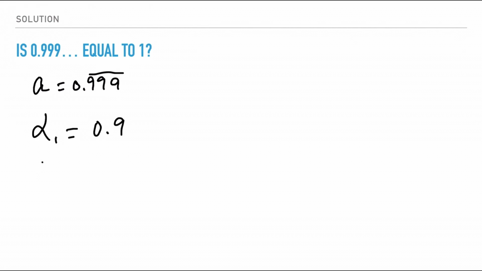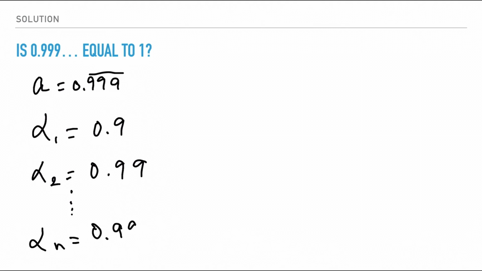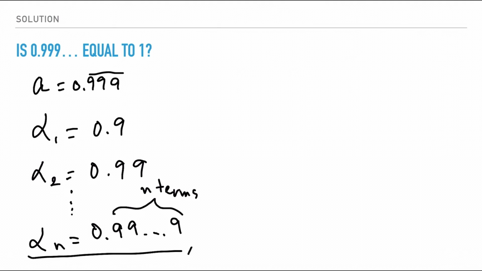Alpha sub 1 is 0.9, alpha sub 2 is 0.99, and alpha sub n will be 0.99 with n terms after the decimal point.